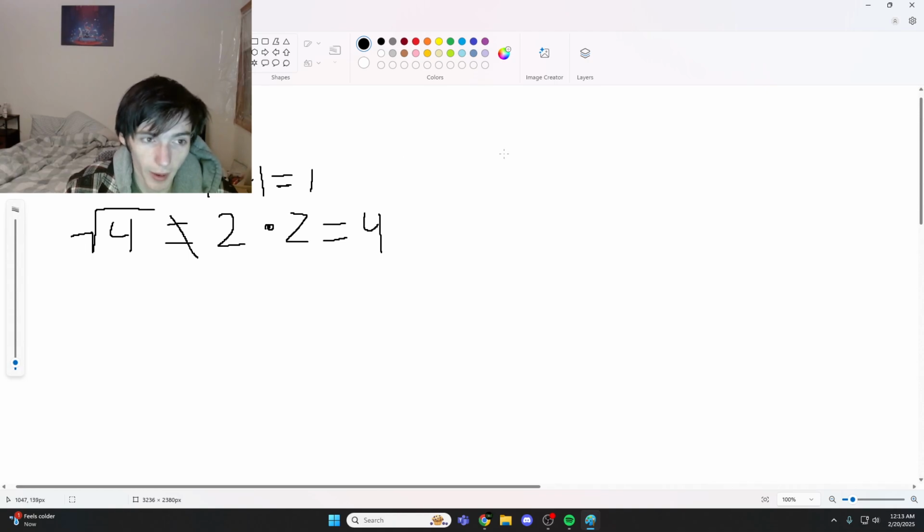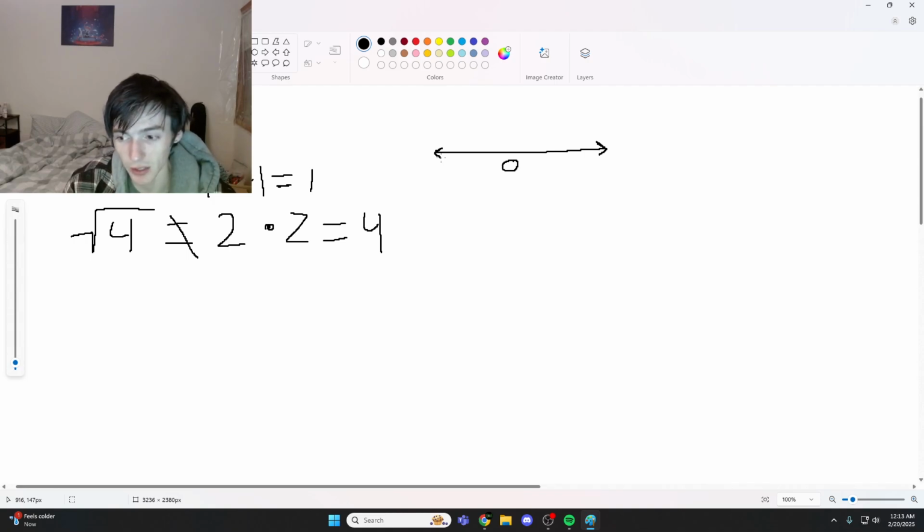we can talk about the number line, starting at 0. That's usually referred to as the origin in math, because if we choose an arbitrary point in space, it's easy to say that point is the start of everything.